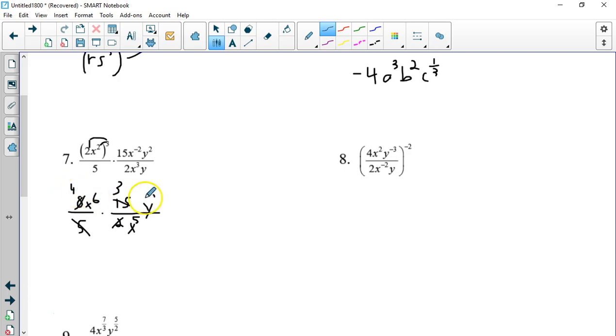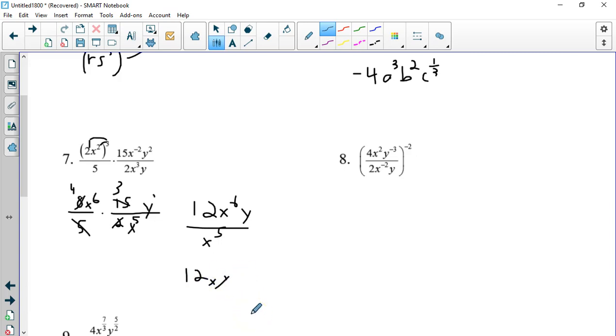Now I'm going to multiply it. 4 times 3 is 12. x to the 6th, y to the 1 over x to the 5th. And again, I ask myself, where do I have more x's? On the top. How many more? 1. And I get 12xy.